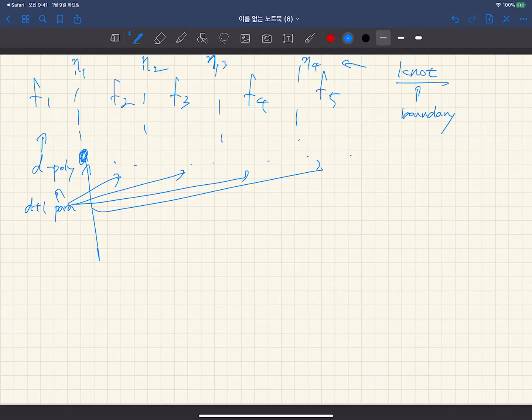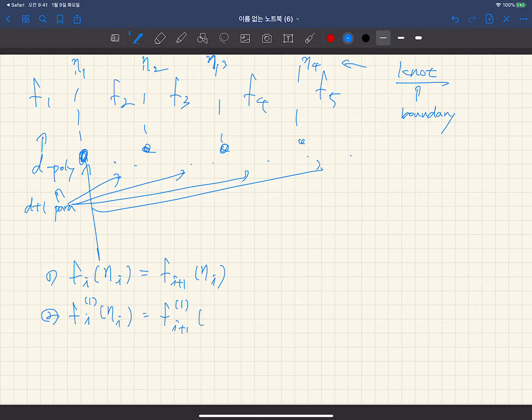So we introduce some conditions for each knot, each boundary, so that f_i(eta i) has to equal f_{i+1}(eta i). The second condition: the first derivative of f_i at eta i must equal the first derivative of f_{i+1} at eta i.